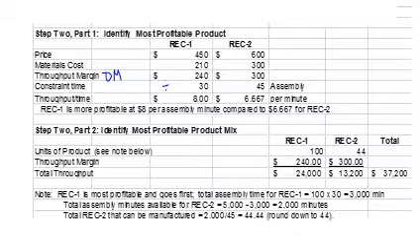So for REC2, our direct material cost is $300. We have a $600 price and a $300 direct material cost, so we have a throughput margin of $300. Our assembly takes 45 minutes per unit, so we have a throughput per minute of $6.667.